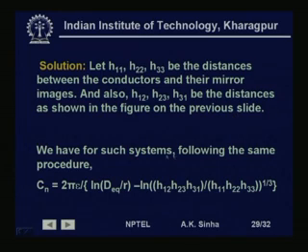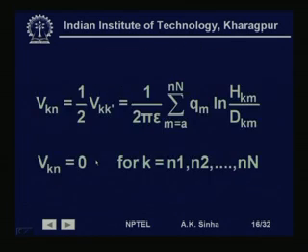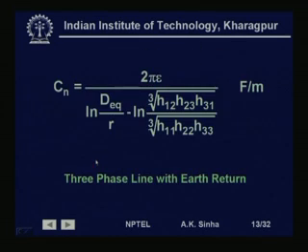Now, we have for such a system, following the same procedure as we have shown earlier, that is, if we go back here, we have the capacitance to neutral for a 3-phase system with image conductors.